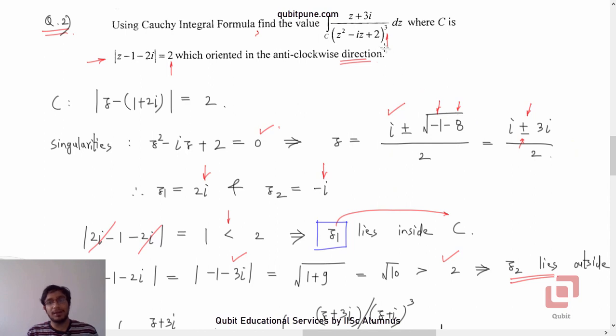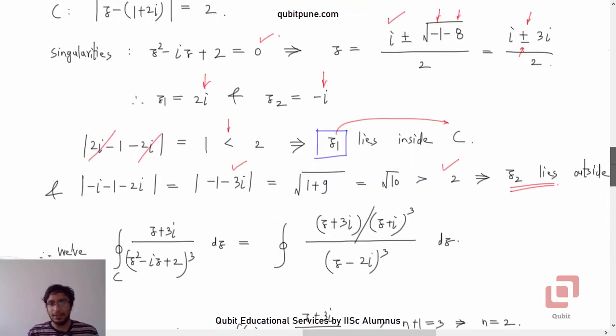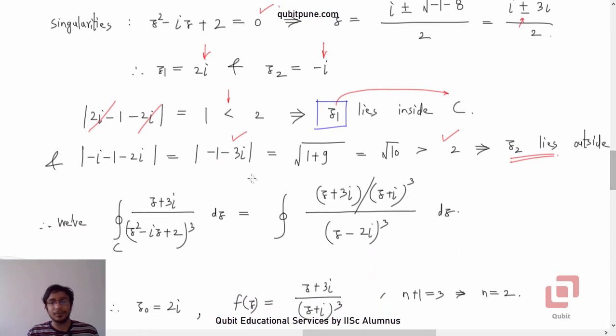So this time instead of splitting this into partial fractions, this is what we can do. We can readjust the terms in the integrand so that only that factor remains in the denominator which is associated with the pole that lies inside the contour C. What was the root?